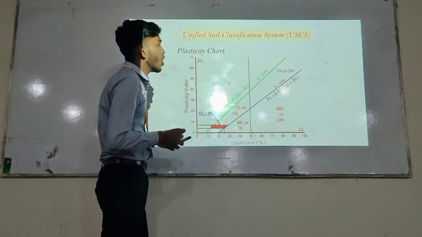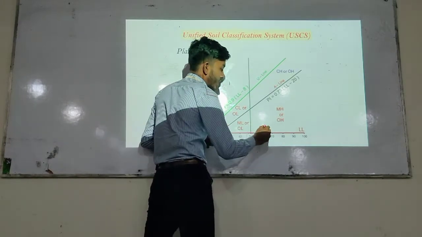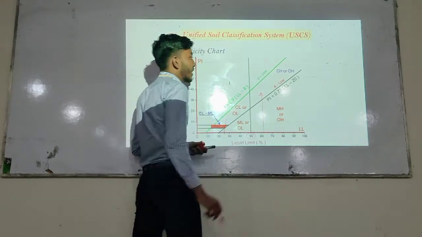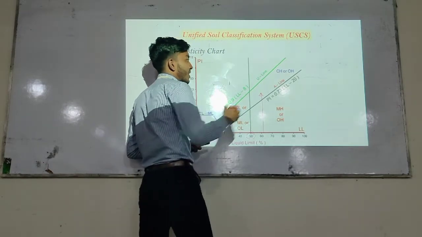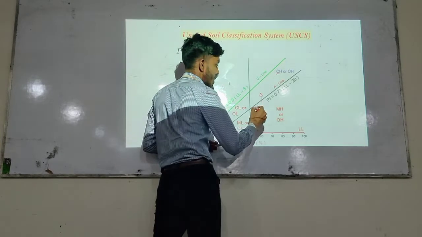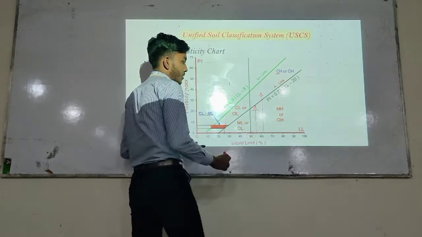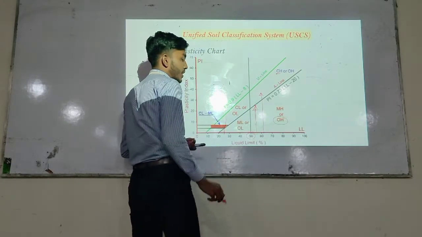When the plasticity index is above the A line, we can say that it's a high plasticity clay. But when the plasticity index is below the A line, we can say that it's organic silt.